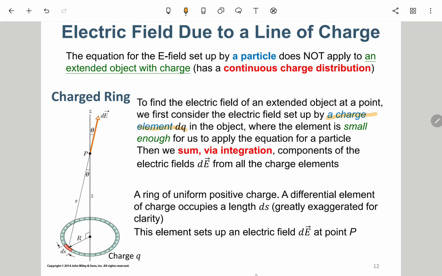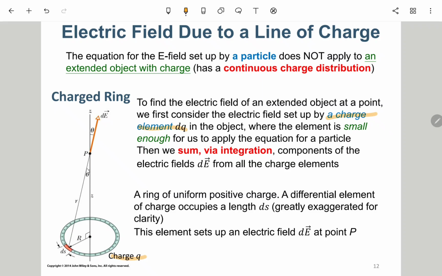Of course, the whole charge on the ring is small q, the total charge. The element is small enough for us to apply the equation, so we can consider this part a single charge.